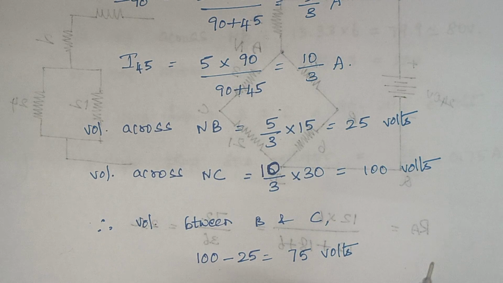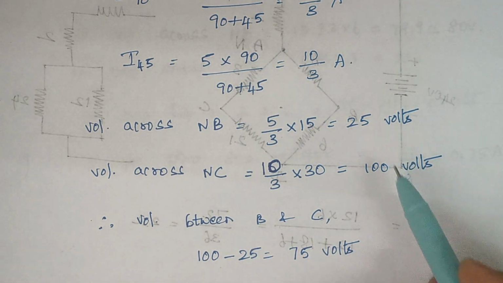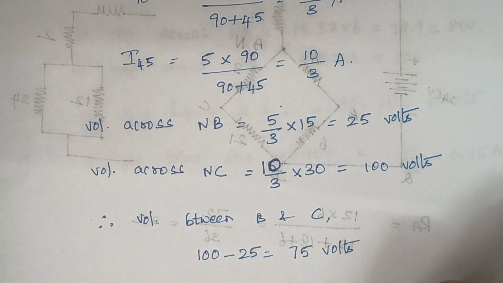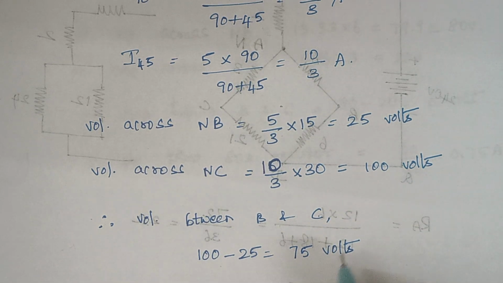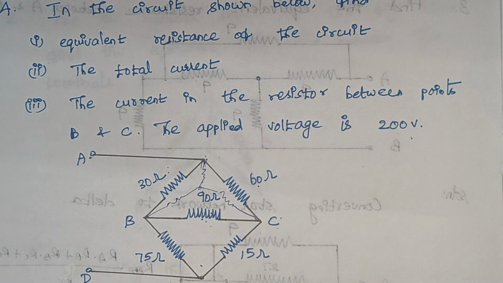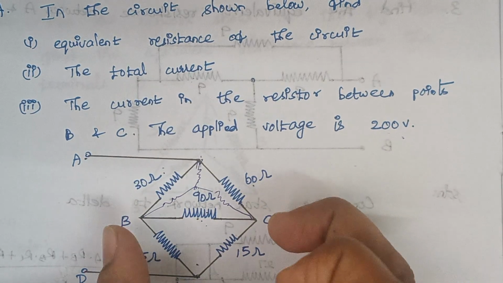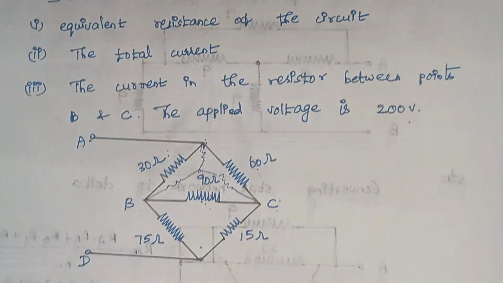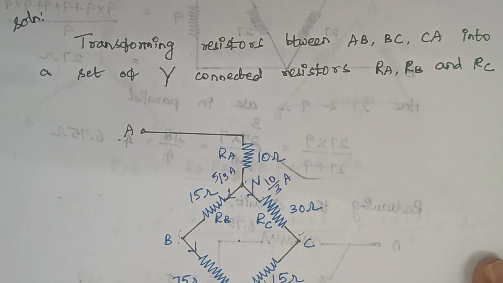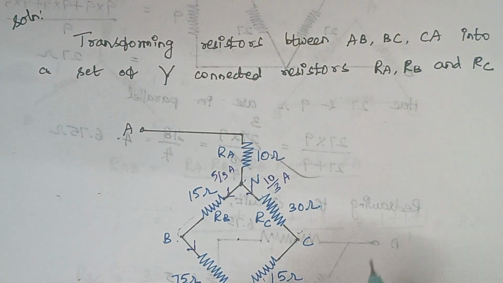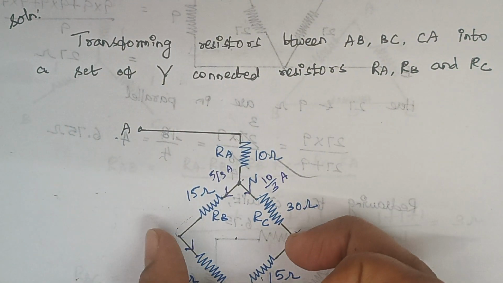So the voltage between B and C is nothing but we need to subtract. When you subtract 100 minus 25, that gives the answer of 75 volt. So what is the 75 volt? That 75 volt is nothing but the voltage across this BC, because we calculated NB and NC, and when you subtract, that gives 75 volt.